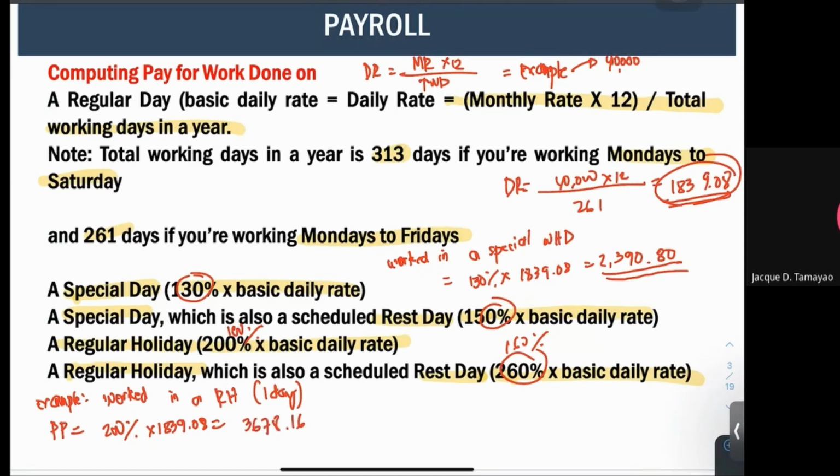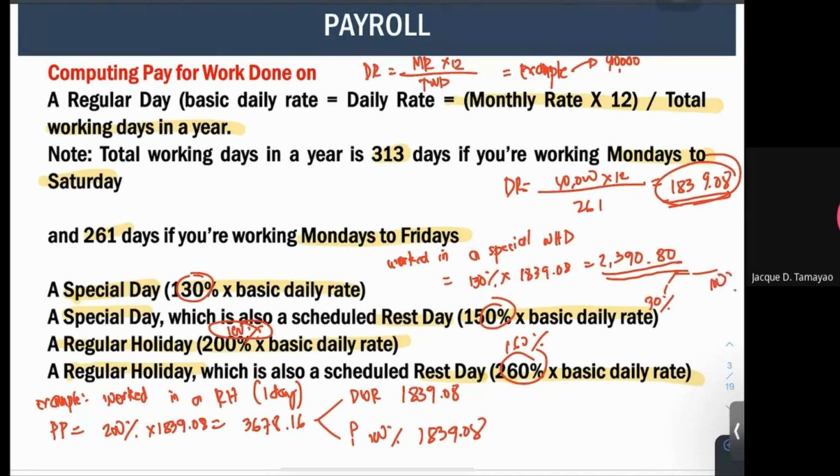3678.16. But this 200% is divided into our daily wage rate, which is 1839.08, plus as I told you a while back, the premium of 100%, also 1839.08. That's why if we try to divide this also to 390.80, we can divide that on the 30% and the 100%. The 100% representing the daily rate and the 30% representing the premium.